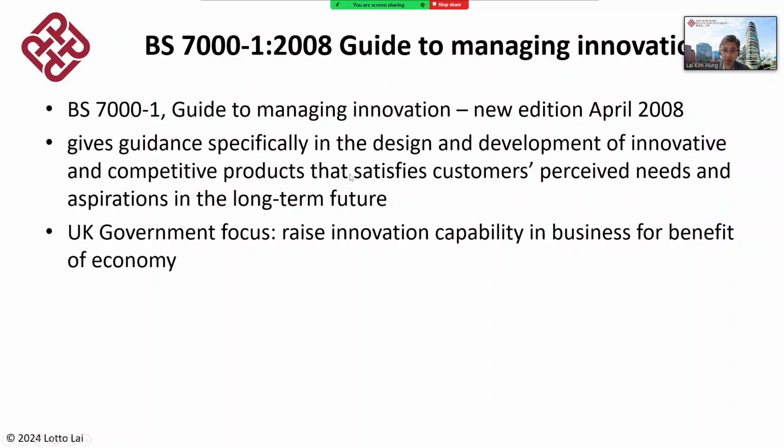Now we have the new standard, from 2008. It's the earliest standard talking about innovation. It is specific to designing and developing innovative and competitive products, satisfying customer perceived needs and aspirations for the long term in the future. It is a UK government focus, raising the innovation capability in business for the benefit of the economy.